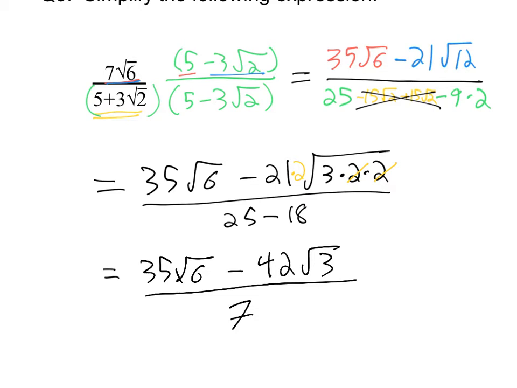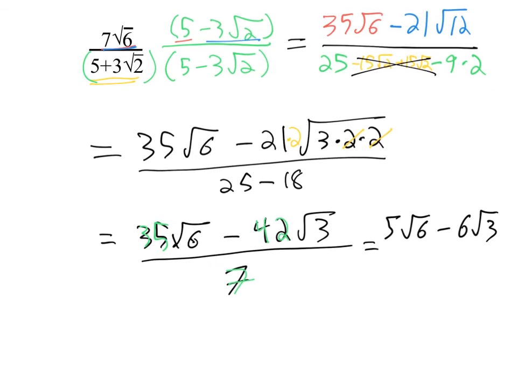So we're almost done, but in this specific instance, we have a factor of 7 in 35, and we also have a factor of 7 in 42. So those can be divided out. So 35 divided by 7 is going to leave us with 5. So that's 5 root 6 minus 42 divided by 7 leaves us with 6. So this is 6 root 3.